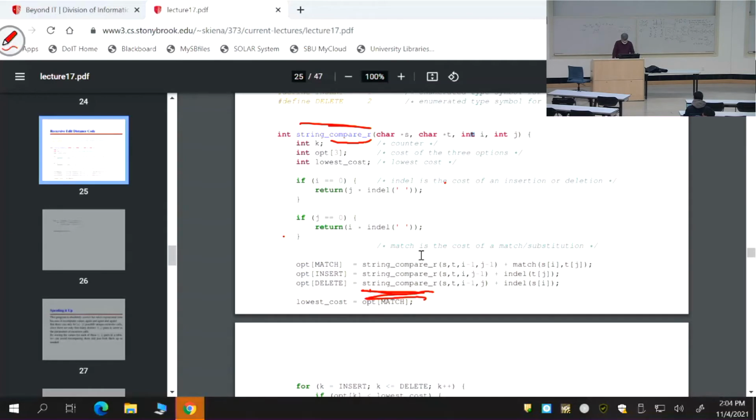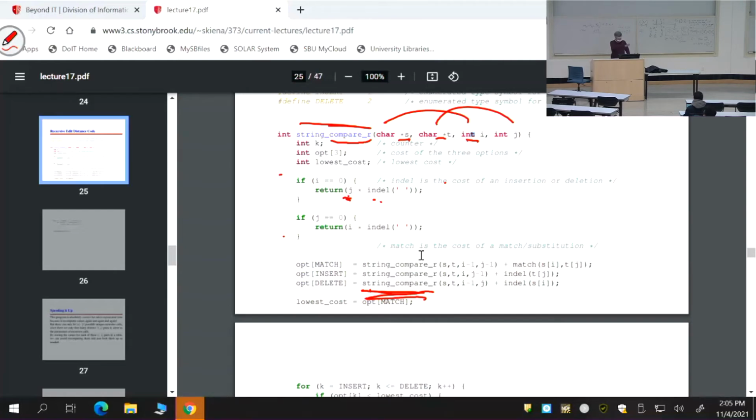What is this going to say? If I equals 0, then that meant the first string was empty. Return the cost of the size of the other string. Does everybody see this? We're given as input strings S and T. We're given the index, the prefix, we want to find the cost of editing the first I characters of S with the first J characters of T. If I is 0, we want to return the cost of deleting J of the characters, right?